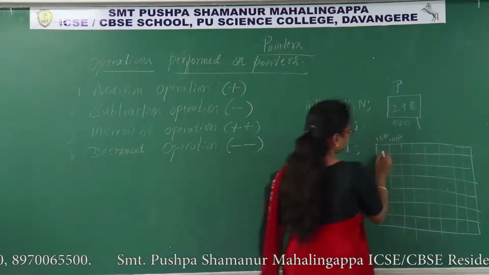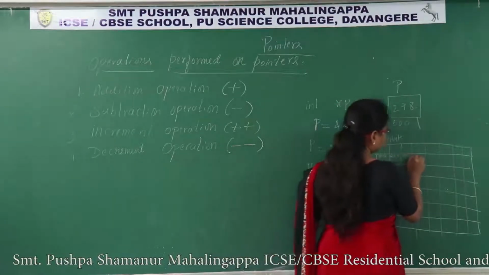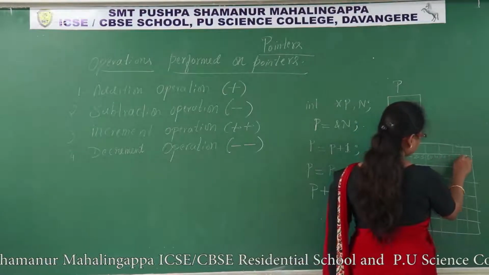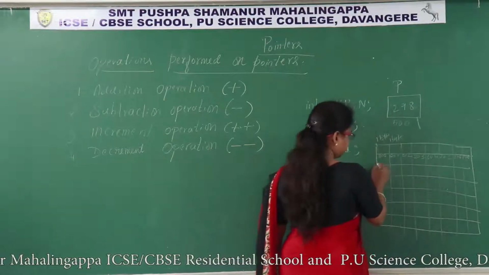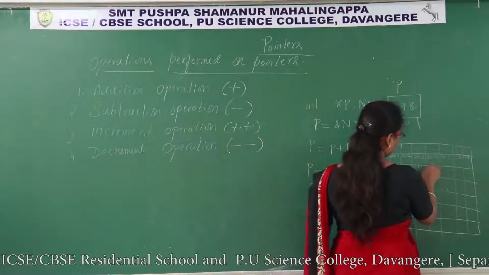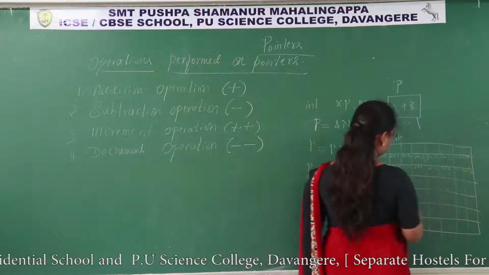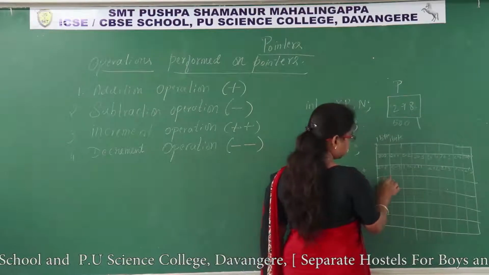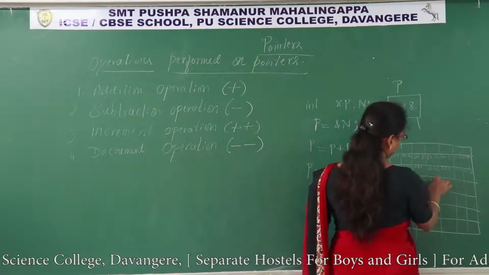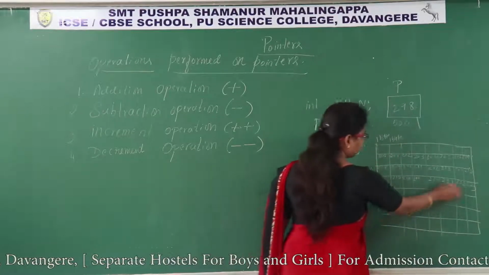Let us consider the addresses are like this: 200, 201, 202, 204, 205, 206, 207, here 208, 209, 210, 211, 212, 213, 214, 215, 216, 217, 218, 219, 220, 221, 222, 223, like that the memory addresses will go on.